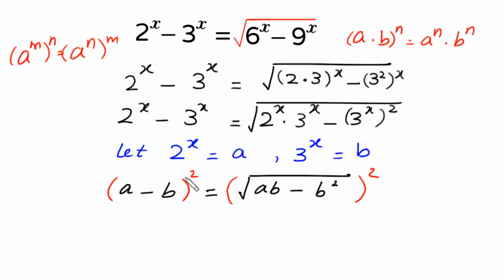a minus b whole square is a square minus 2ab plus b square, which is equal to, and this square will be cancelled with this square root, and here is left ab minus b square.